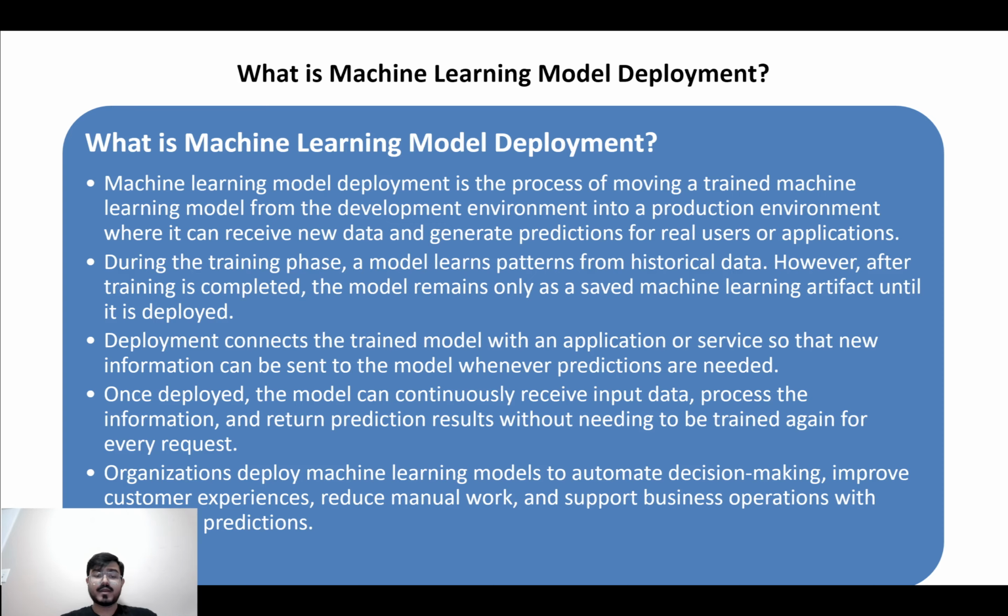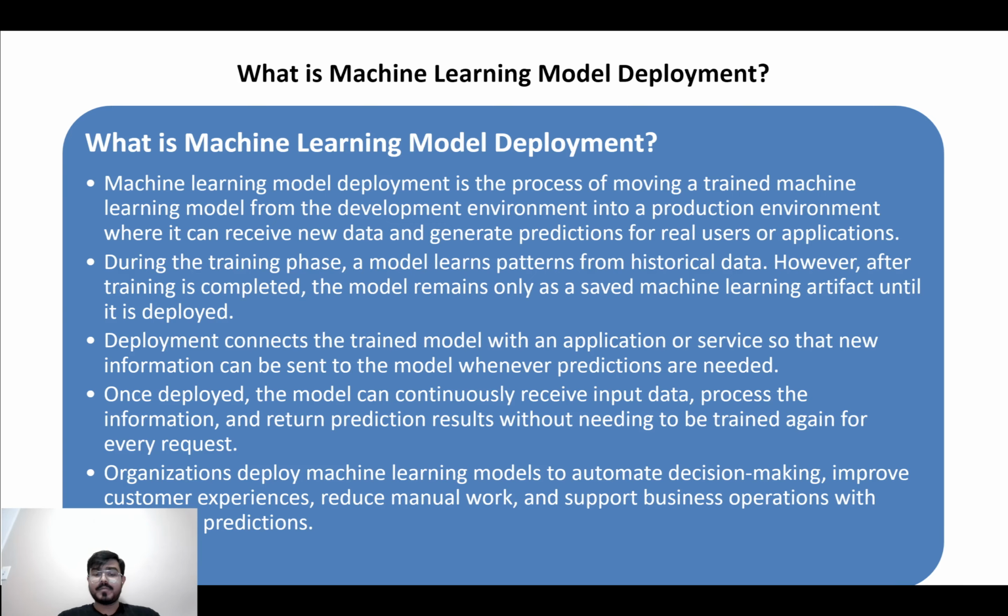A production environment is simply the place where real users and real applications use the model every day. For example, during training, a bank may teach a machine learning model how to detect fraudulent credit card transactions, but after training is complete, the model is still only saved inside the bank systems. So customers cannot benefit from it yet.